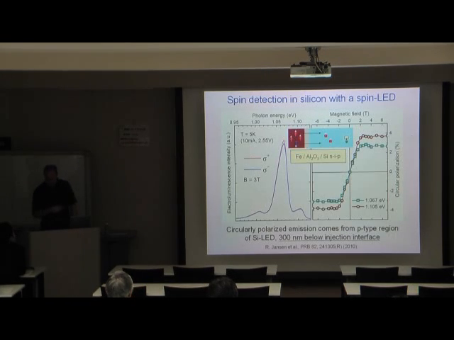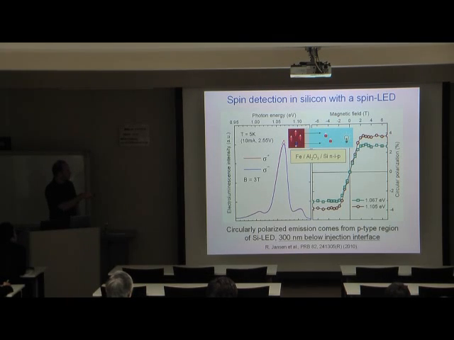That same conclusion can be arrived at with some more recent data using spin LEDs, which we did together with Barry Yonka's group at NRL. In that case, we inject spin polarized electrons from iron into a silicon light emitting diode structure and detect the spin polarization using luminescence. And from analysis of these structures, we know that the luminescence comes from at least 300 nanometers away from the injection interface.